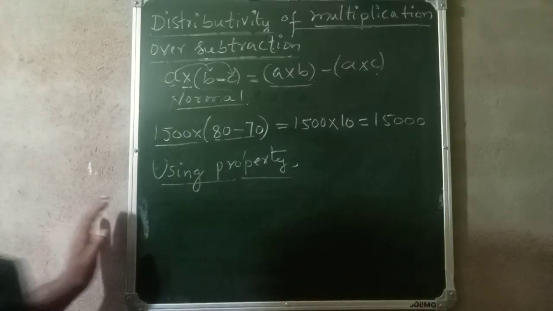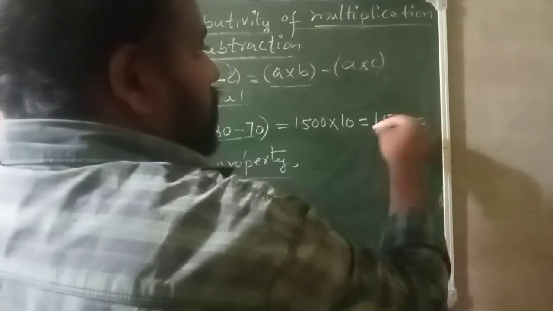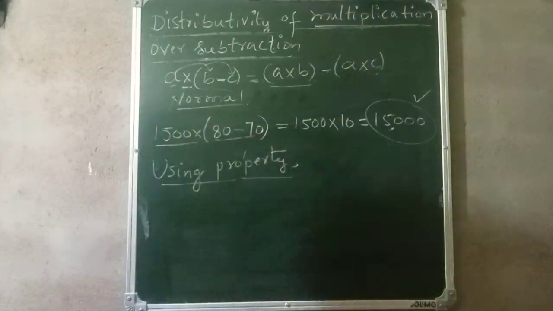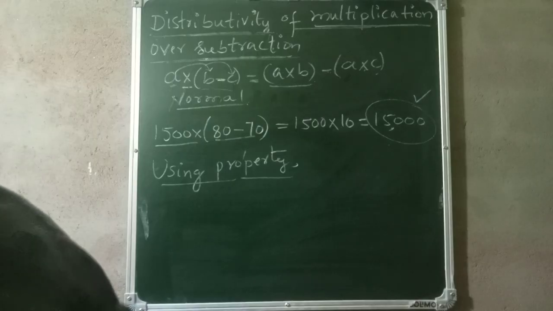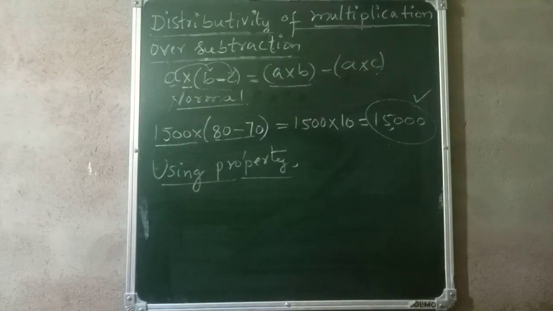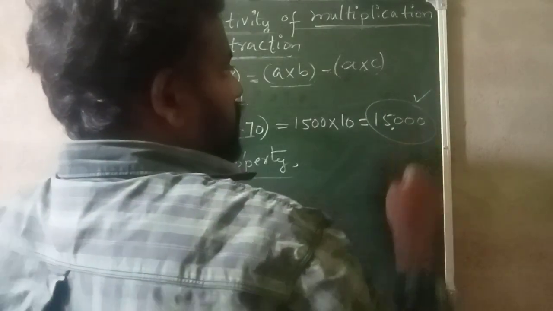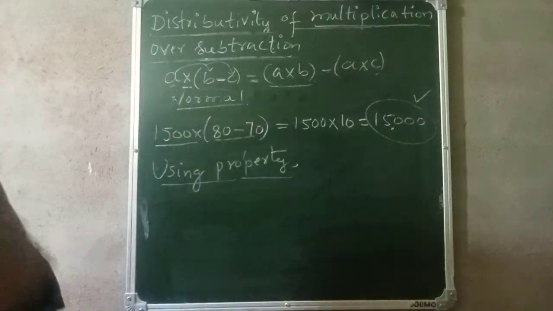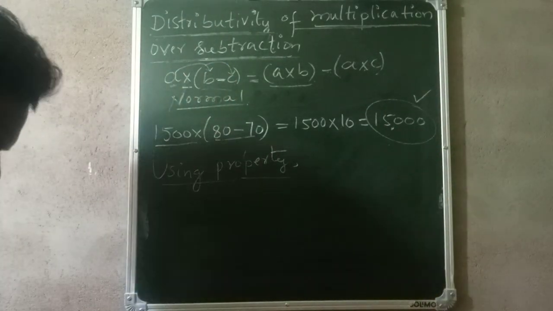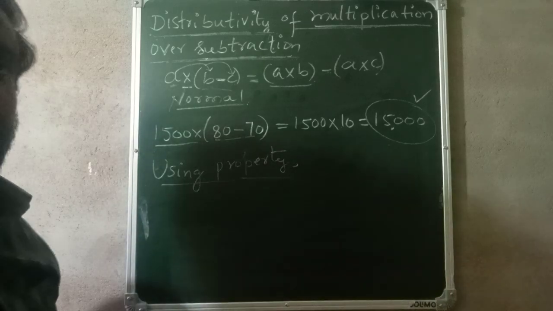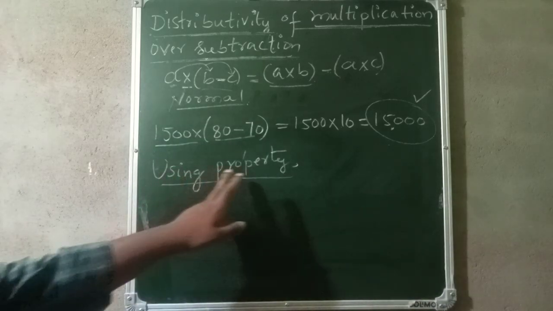Okay, yeah, correct. So using normal multiplication, we got 15,000 as the answer. Now we will simplify using the property.